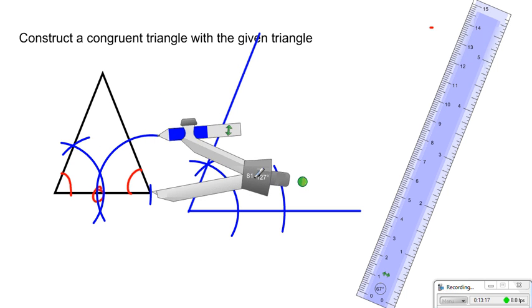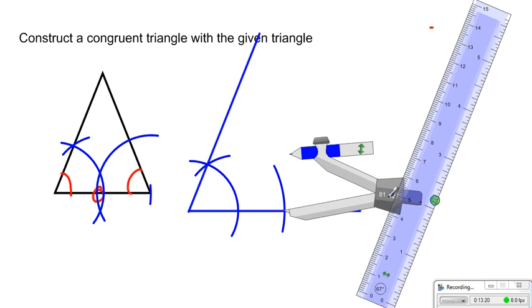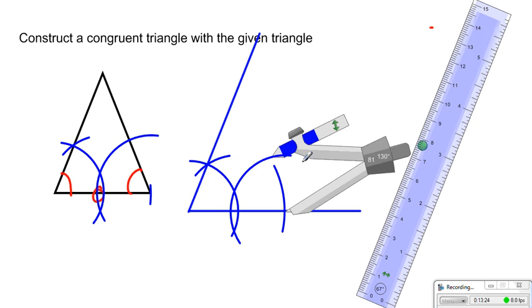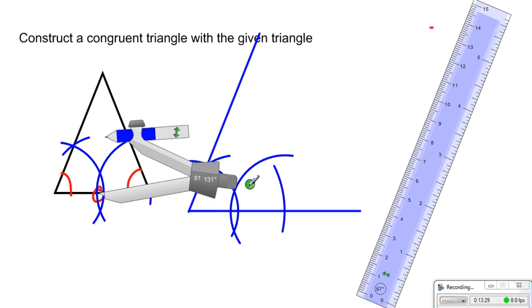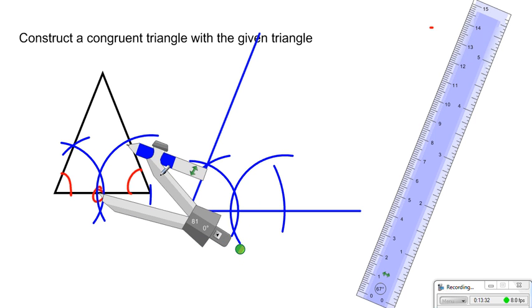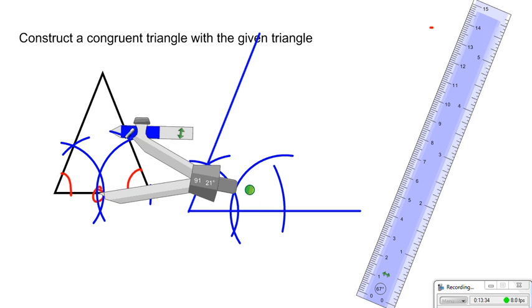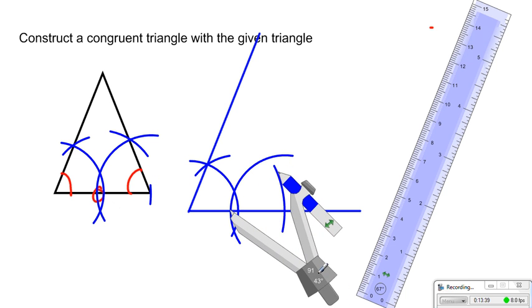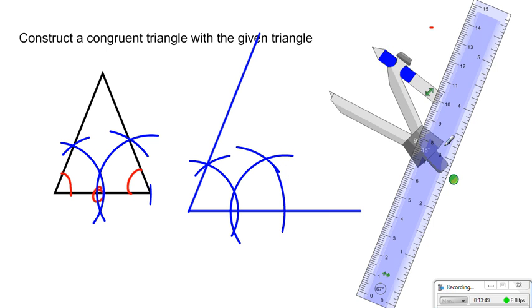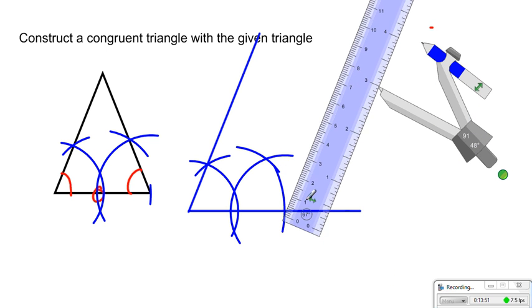First, copy an arc, and then measure the spread. Okay, so there it goes for the second.